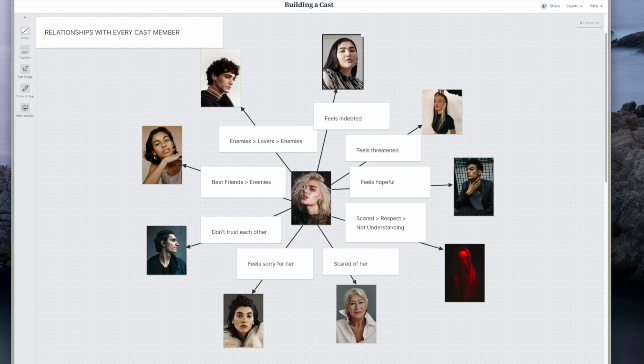With one character, she feels indebted to them. Another, she feels threatened. Another makes her feel hopeful. This one changes. First she's scared, then respectful, and then doesn't understand her. Scared of her, feels sorry for her. They don't trust each other. These are feelings that my main character has for every single one of these cast members, and it's something I felt like was important to figure out at the beginning of the book.